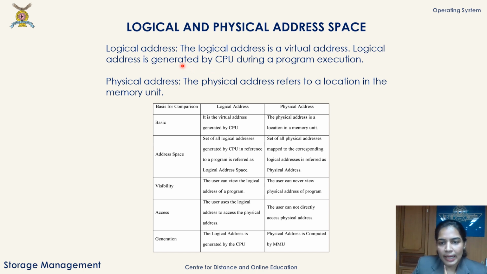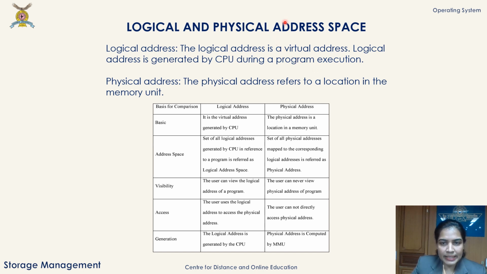Let's talk about the addresses which are used by the operating system. An address uniquely identifies a location in the memory. The logical address is basically a virtual address. It is generated by the CPU during program execution.